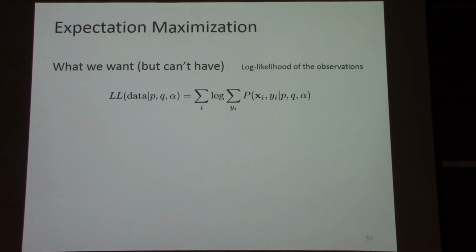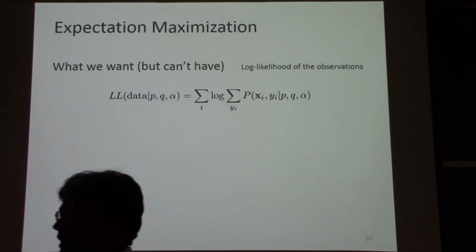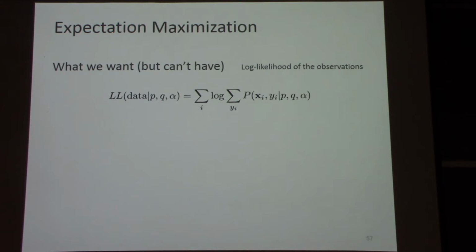In the worst case we have zero labeled data. Just because we have zero labeled examples doesn't mean we can't write down an objective for maximum likelihood. We can always try to find parameters that maximize the likelihood of the data being generated.